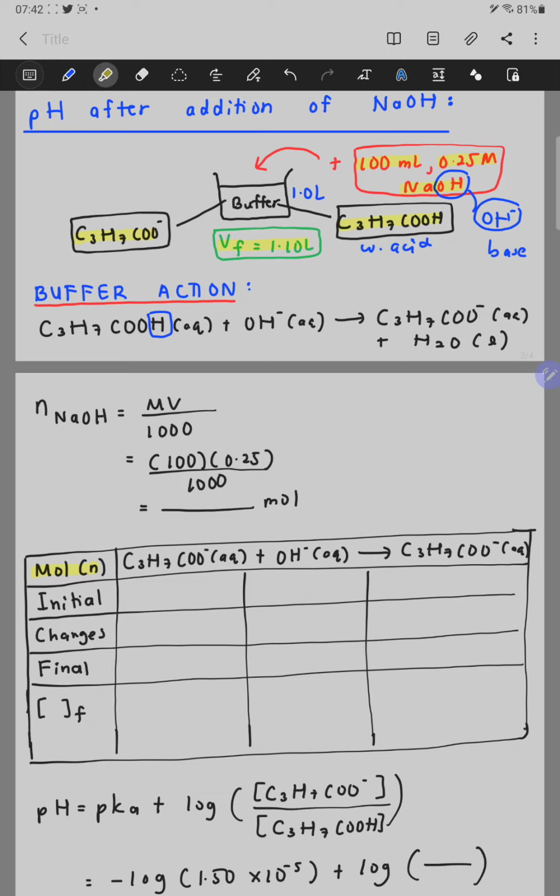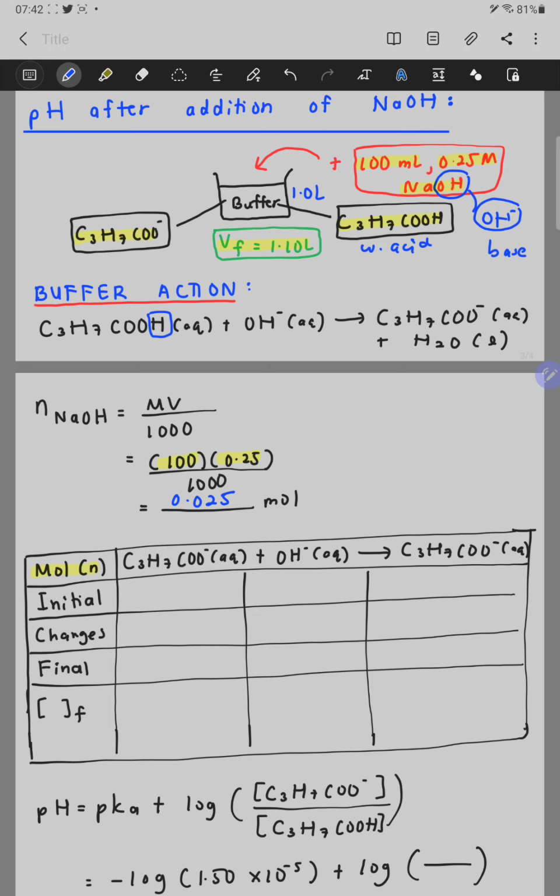So 100 ml, okay, daripada situation kita lukis tadi, times 0.25 molar over 1000. So korang akan dapat number of mole of sodium hydroxide. Okay, so number of mole of sodium hydroxide adalah 0.025 mole. Okay, right. So kita akan masukkan ice table.